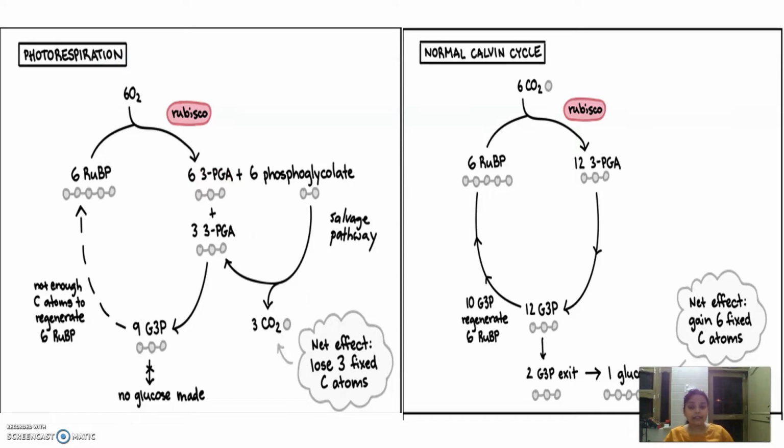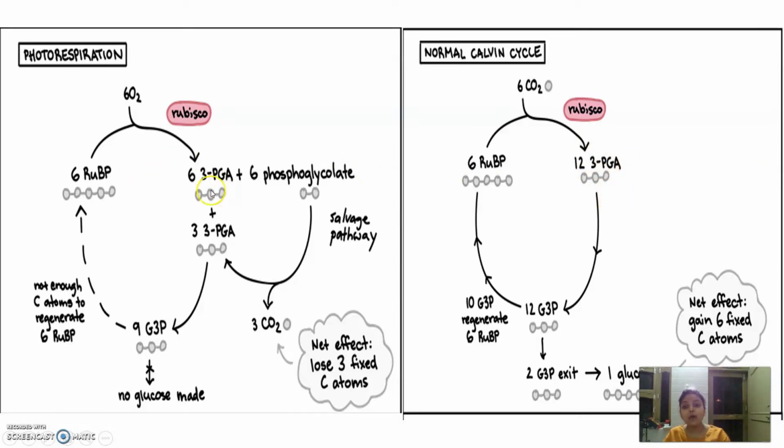You can see in this slide, in the normal Calvin cycle, one molecule of RuBP, which is 5-carbon, combines with one carbon dioxide, which is 1 carbon, resulting in the formation of two phosphoglycerate molecules.